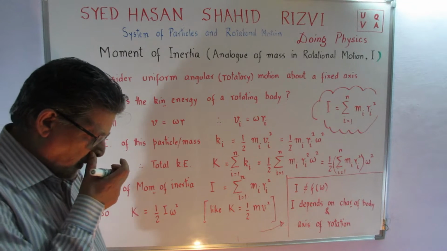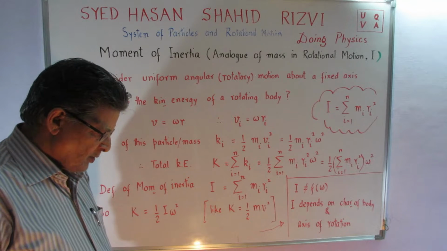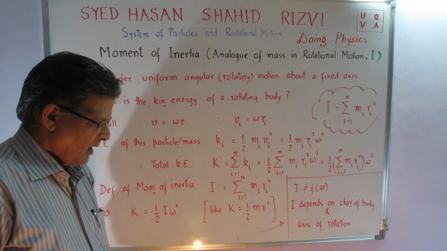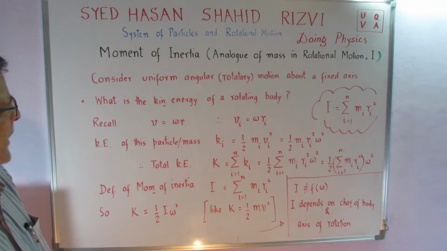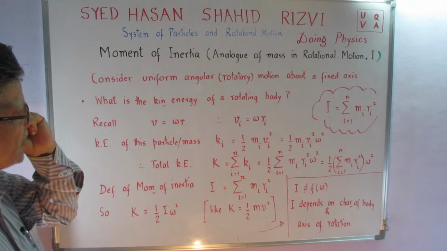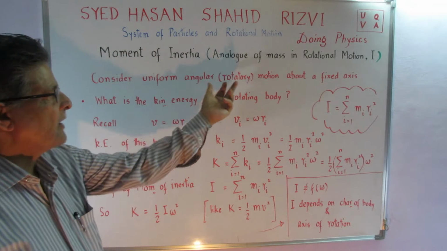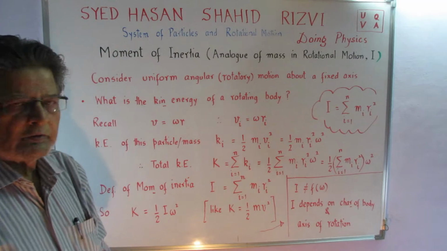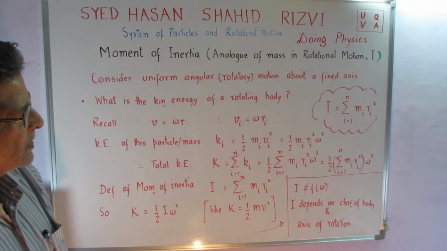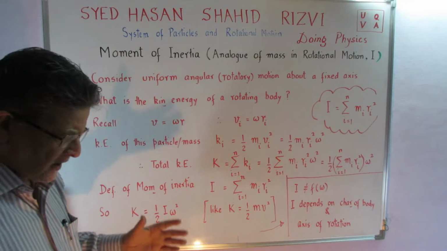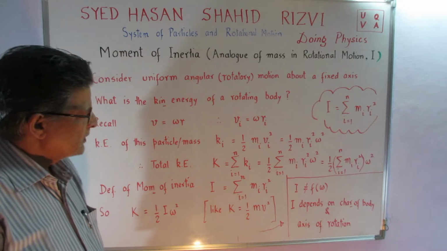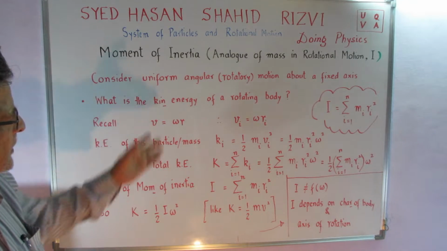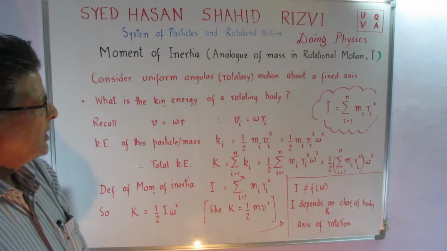And to understand moment of inertia, we will take a very simple case where we consider a uniform angular rotatory motion about a fixed axis. The axis is fixed, so we are confining ourselves to certain things, that the motion is uniform.